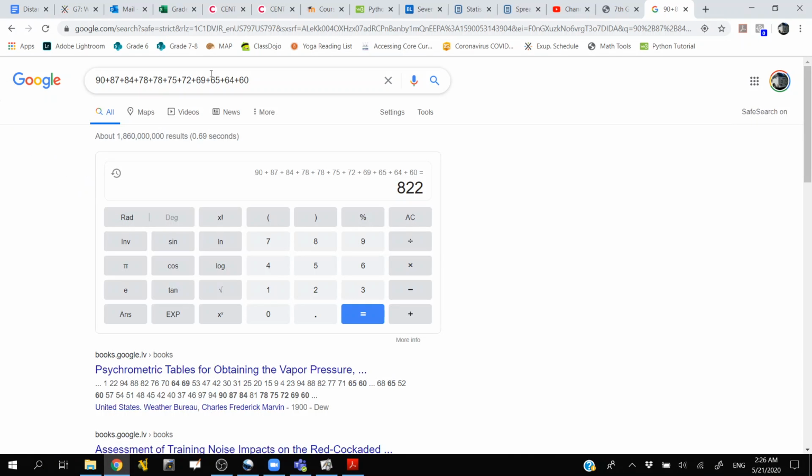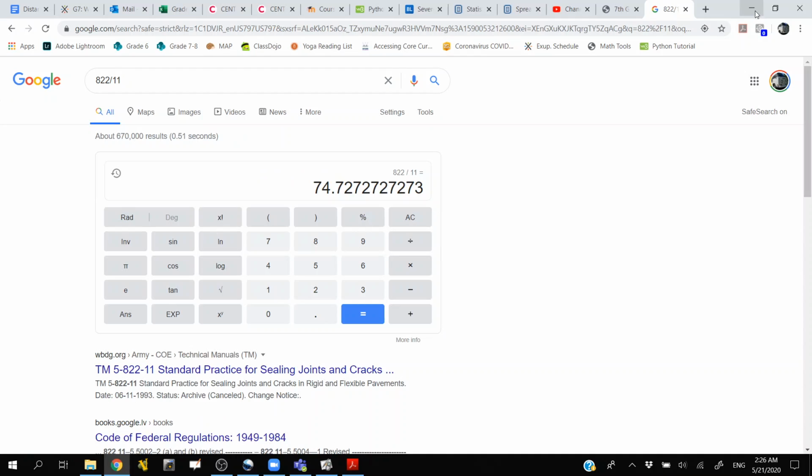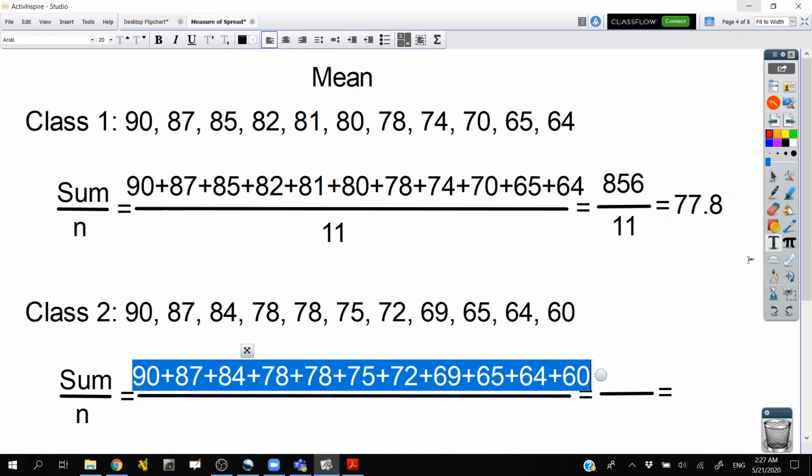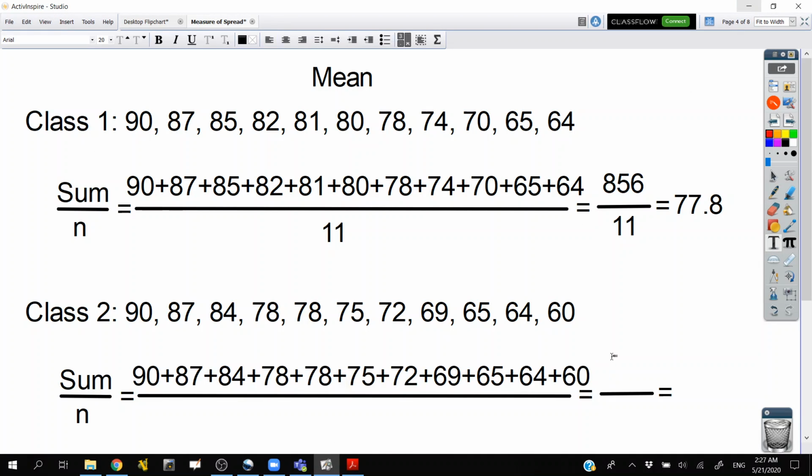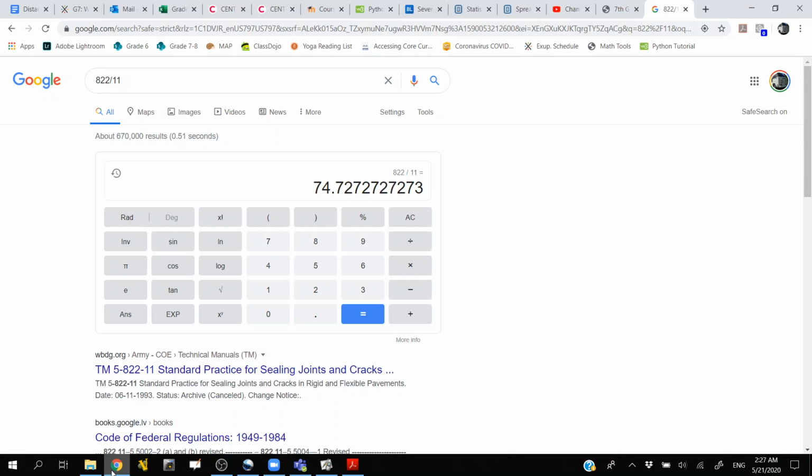We get 822, and when we divide by 11, it'll be 74.7. So 822, and then we divide it by 11, because this should have the same number of data points as above: 1, 2, 3, 4, 5, 6, 7, 8, 9, 10, 11. And I forgot what the average was.